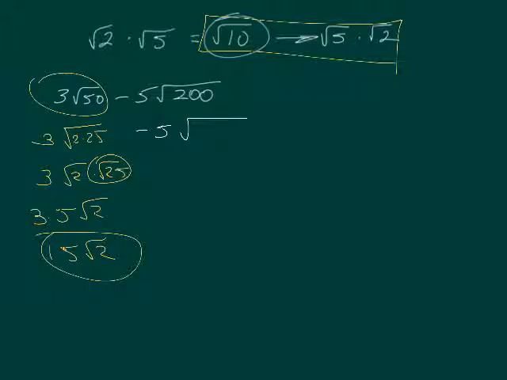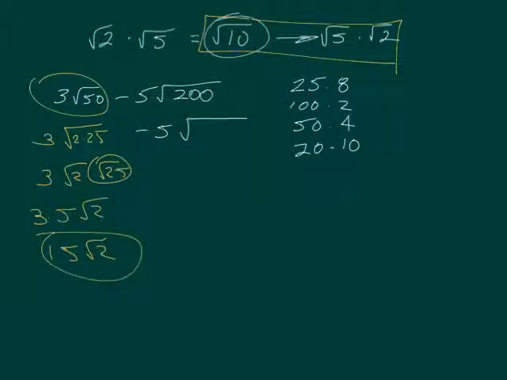So let's write some of these out. 25 times 8, 100 times 2, 50 times 4, okay, so the list goes on and on. 20 times 10.